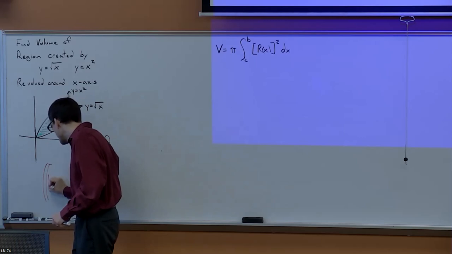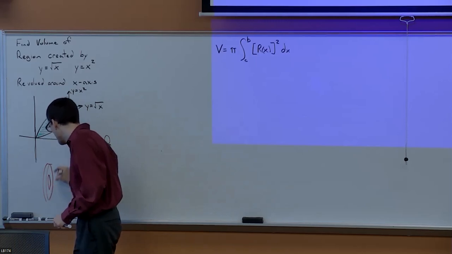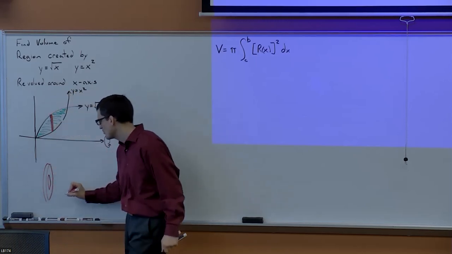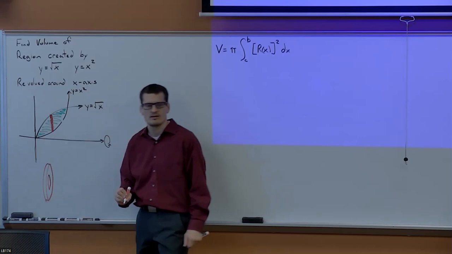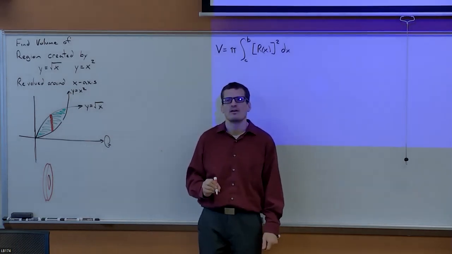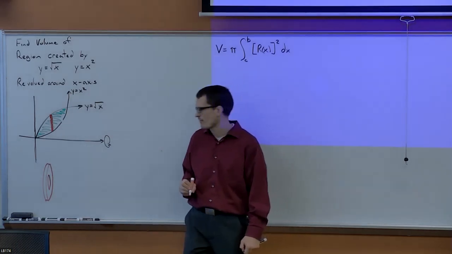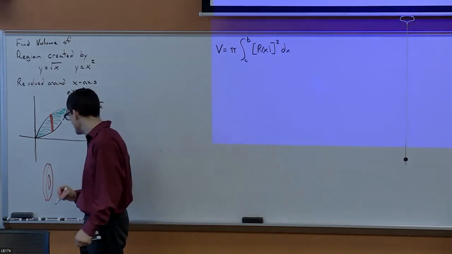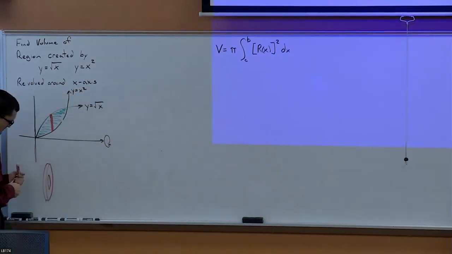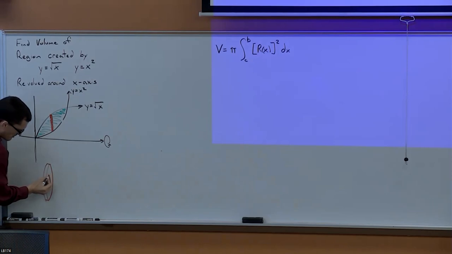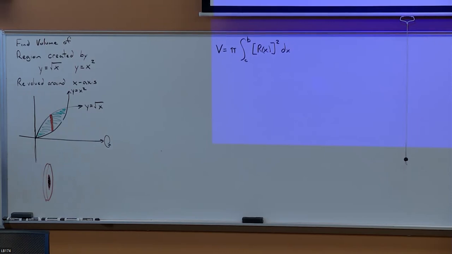What you get is a disk with a hole in it. Does that make sense? So we get a disk with a hole in it. Which is just a washer, right?